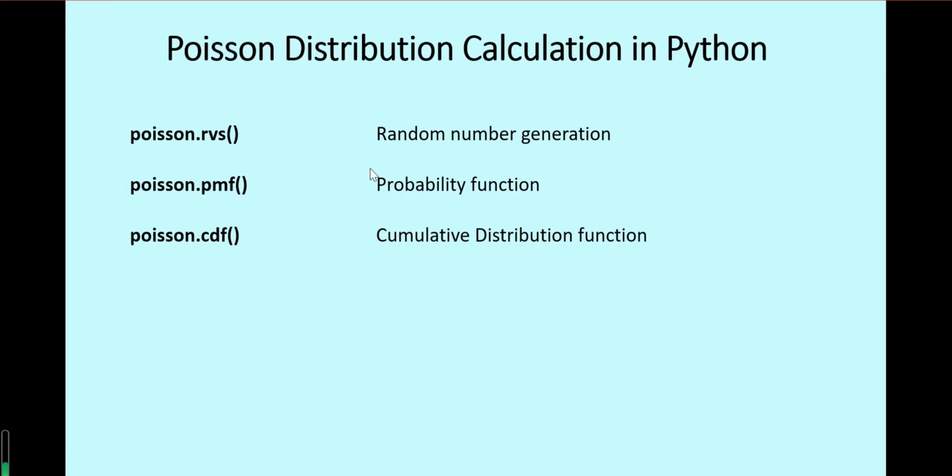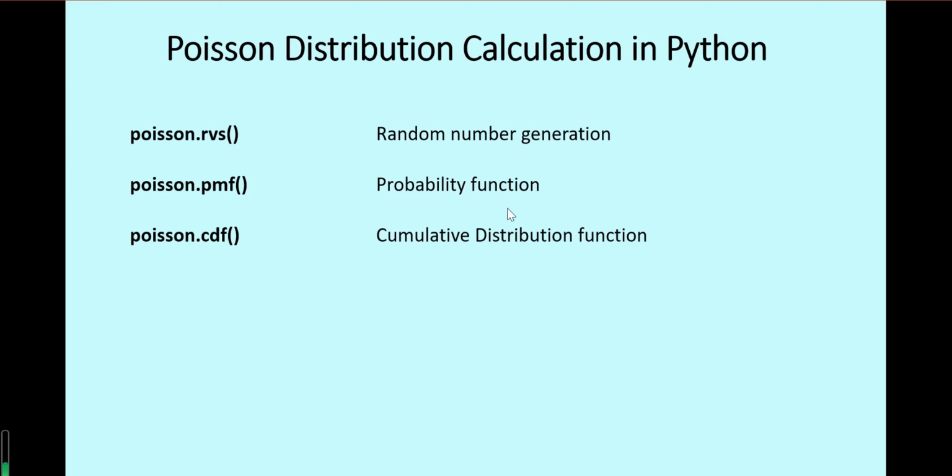In Python, we mainly use 3 functions to work with Poisson distribution. The first is poisson.rvs. It is used to generate random numbers, and these random numbers are discrete, maybe 1, 2, 3, 4, and so on, depending on the mean average occurrence in this period. The second function is poisson.pmf.